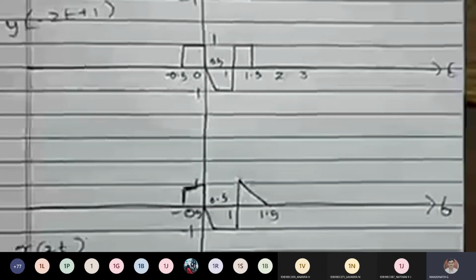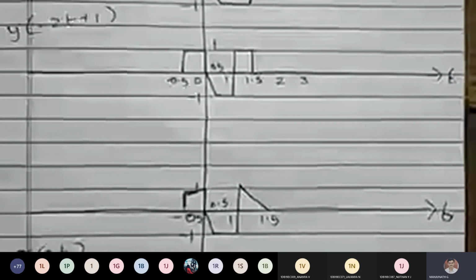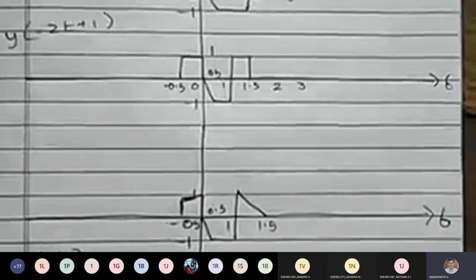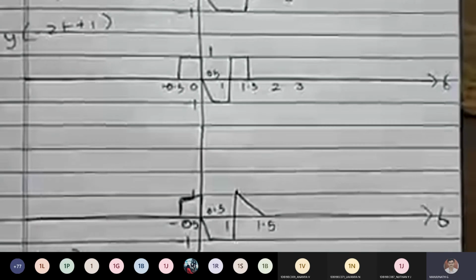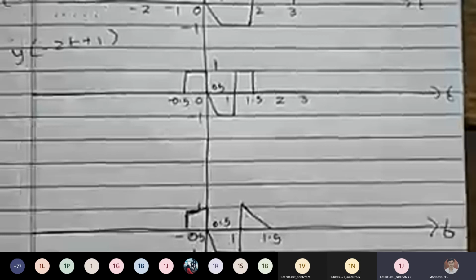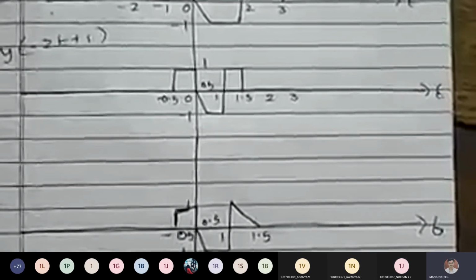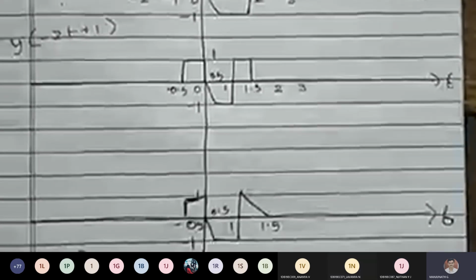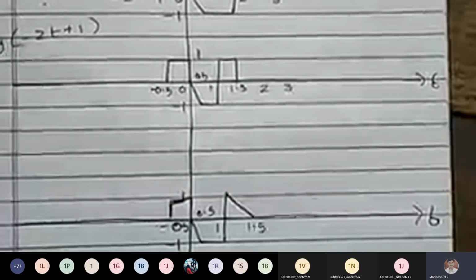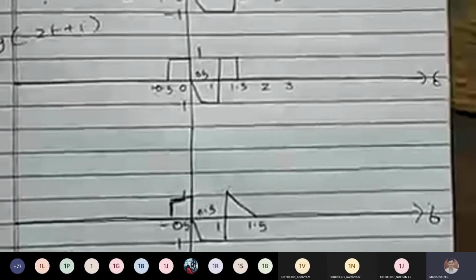Now tell me what is the signal at 1? At 1, do you have anything from the x of t side? So it is a constant with amplitude 1. So then here it is at 1.